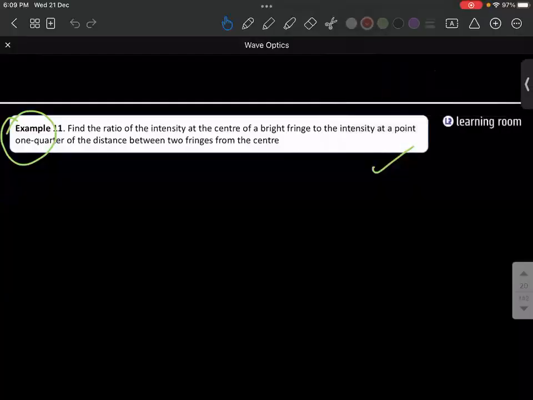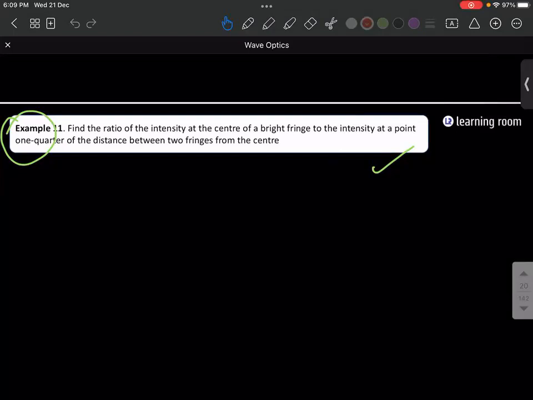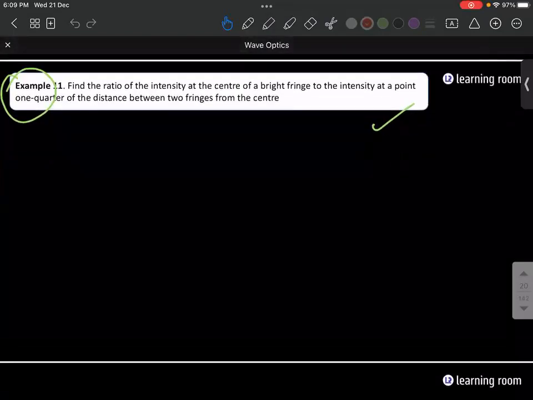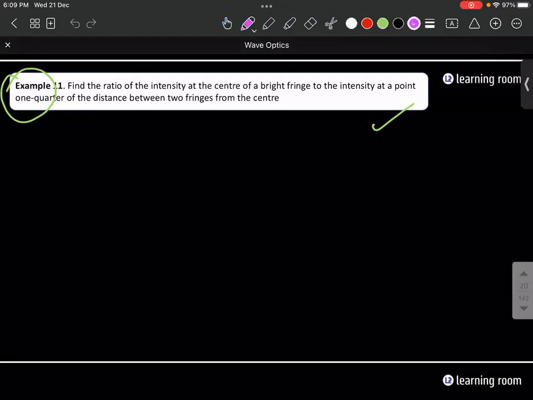So we'll get started and solve the problem. Tell me how to solve this one.